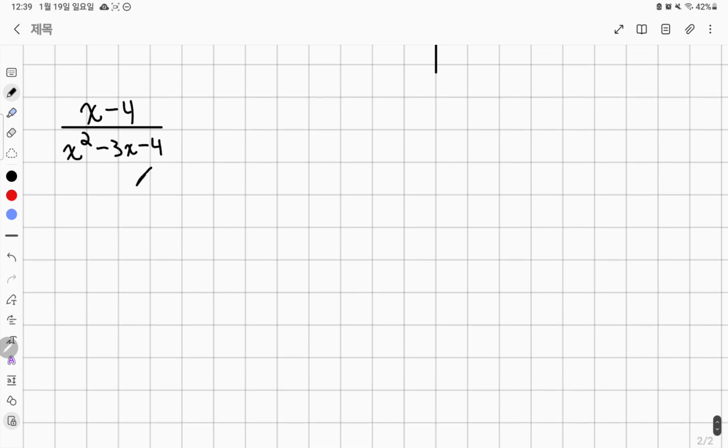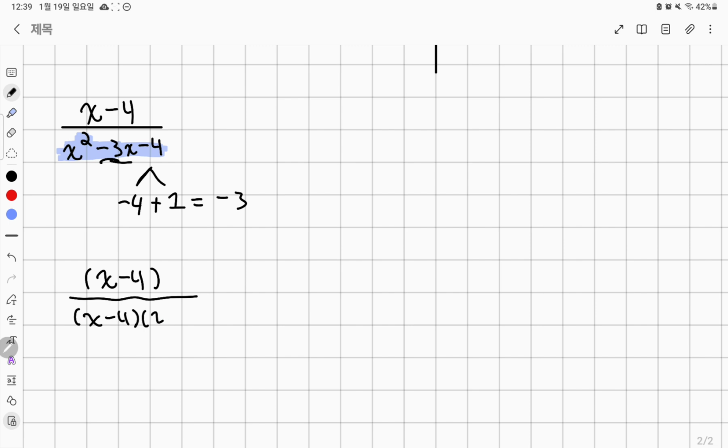Let's first factor out this equation. It is -4 and +1, because if we add them together it's -3, and if we multiply them we get -4. So it's x minus 4 times x plus 1, just normal factoring until now.